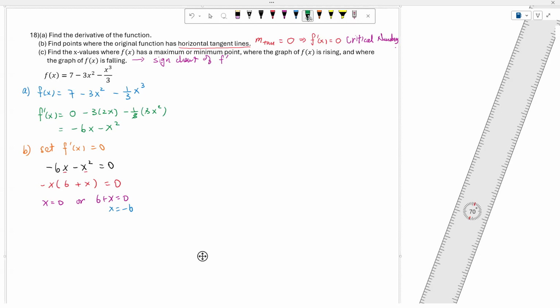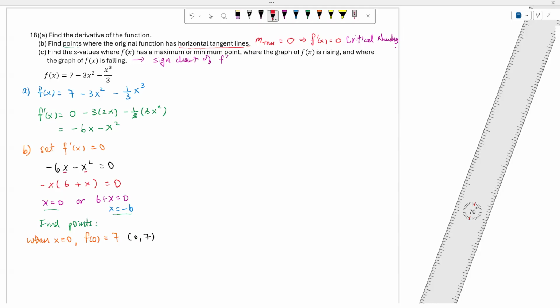Now we found out what x is, but we are looking for points. So now we would like to find points. When x equals 0, then f of 0 is equal to 7. Then my first point is (0, 7).